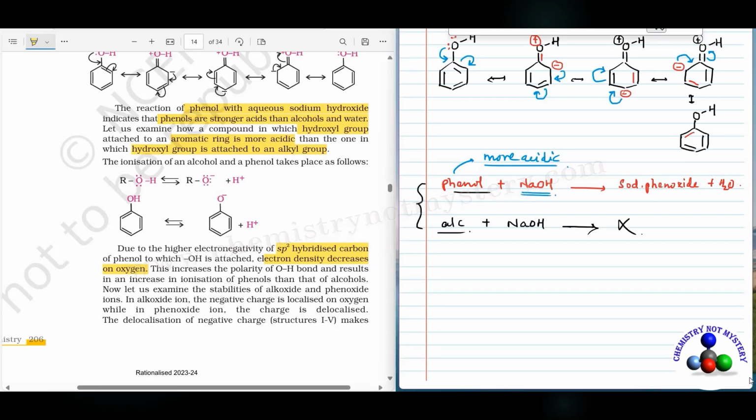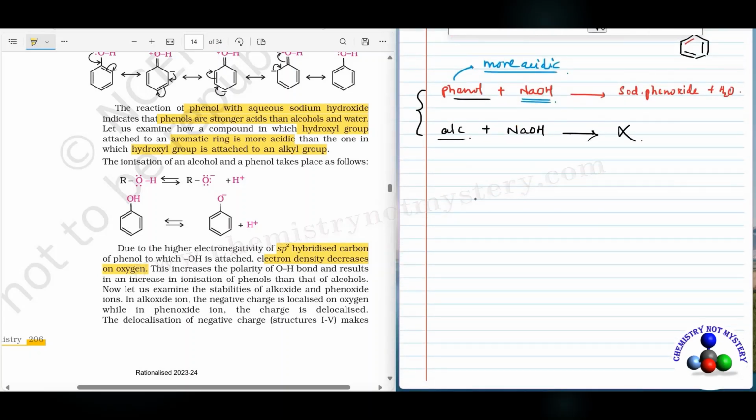So let's try to understand the reason. This is phenol, benzene ring with alternate single and double bond. Here this is OH. When it ionizes into phenoxide ion, this is benzene to which O negative ion is bonded, and here this is H plus ion.